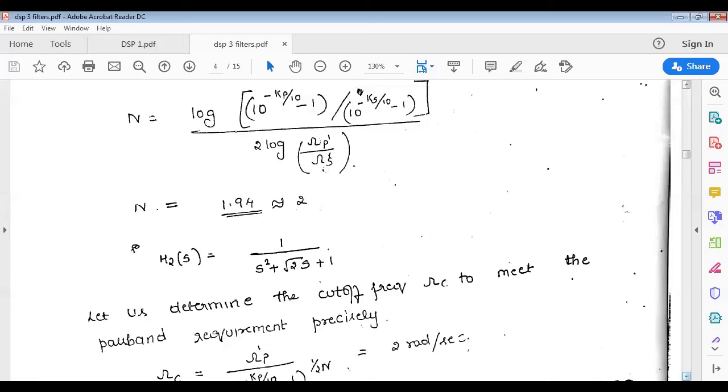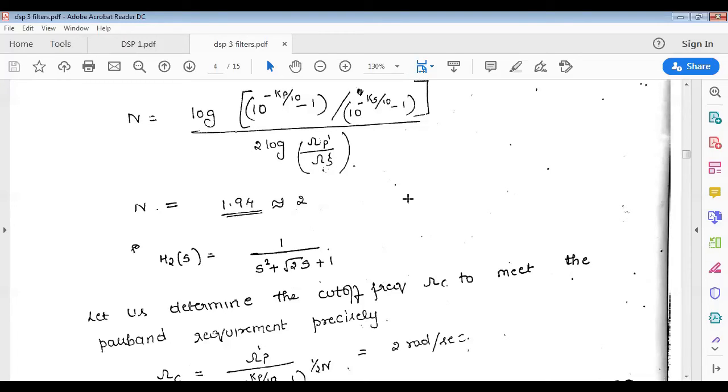Then we substitute k equal to 0, 1 up to 2n minus 1. Since n is 2, it is 4, so we have to calculate for k equal to 0, 1, 2, 3.